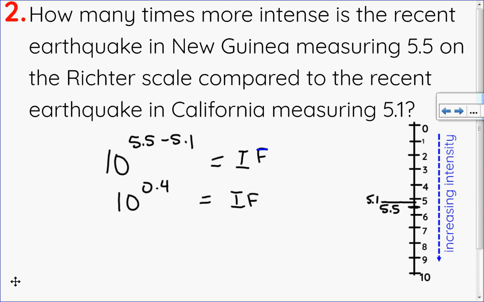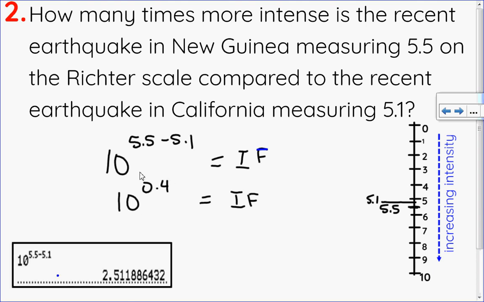So all I'm going to have to do is put this into my calculator. So I put into my calculator 10 to the 0.4 or 10 to the 5.5 take away 5.1, and I get that the intensity factor is 2.5. So it is about 2.5 times more intense than the earthquake measuring 5.1.